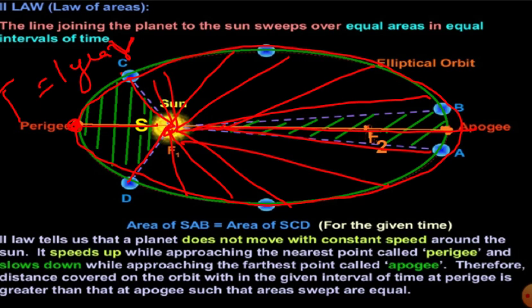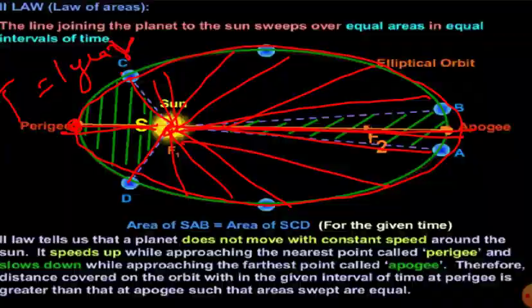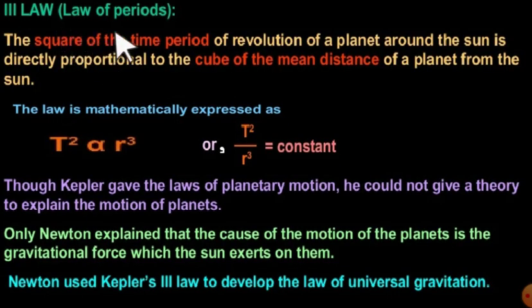Got it? It will be greater than the shortest distance, and smaller than the longest also. It is the mean or average of all those different distances between the sun and the planet. Got it? So let's go to the next one, that is the law of period.